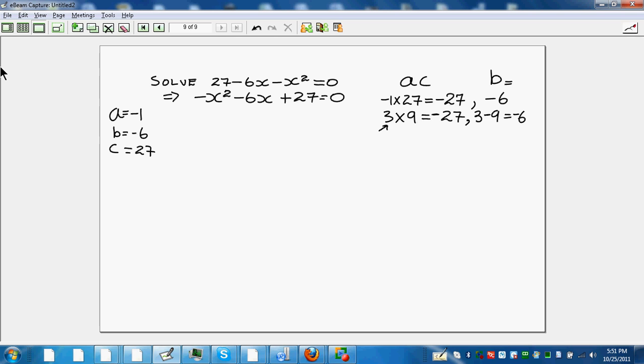So it'd be 3 minus 9, and that would give us minus 6. And therefore, we'd use that same thing on the other side. We'd have 3 and minus 9 here, so that when we multiply 3 by minus 9, we will get minus 27. And when we add 3 and minus 9 together, we'll get minus 6.